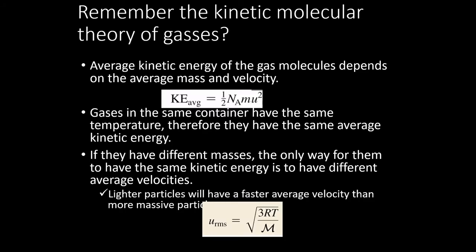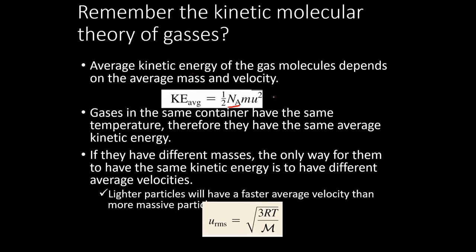Well, if we think about what's happening there, and we think about the energy, the kinetic energy of gas particles, if you've taken physics before, you've seen this equation. It might have looked a little bit different, just because sometimes they don't include that Na down here. That's just the number of molecules.